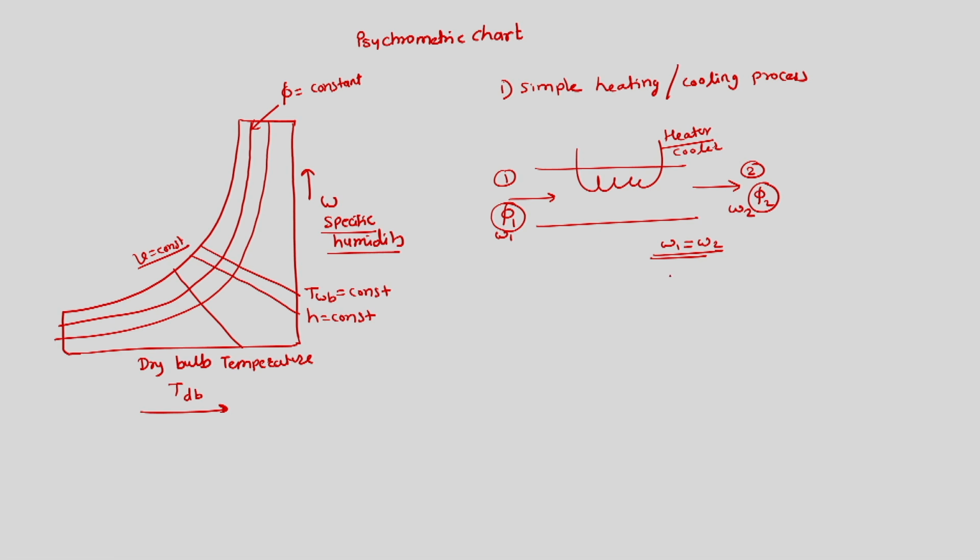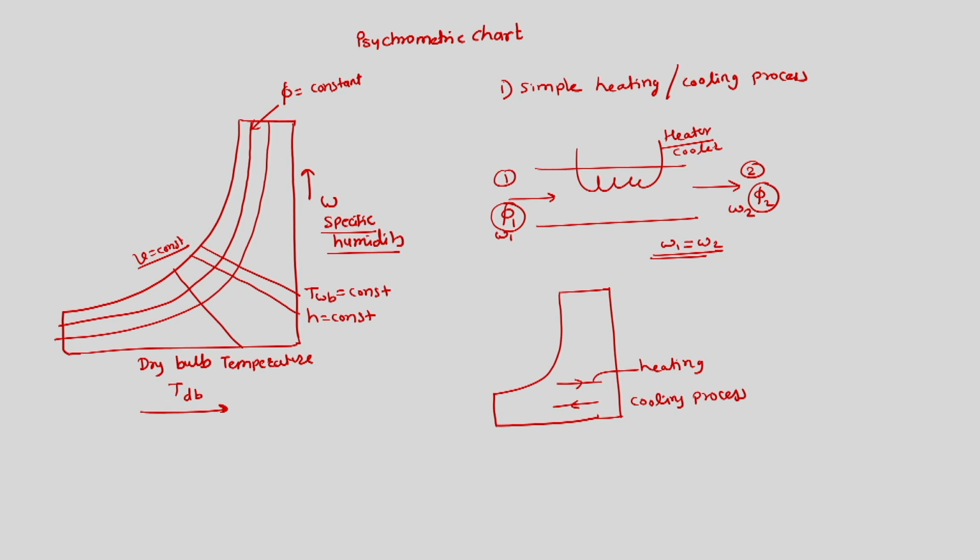So this process of simple heating or cooling can be demonstrated like this on the chart. Suppose this is the heating process and this is the cooling process. For a given dry bulb temperature, we have to draw a horizontal line at constant omega, and then accordingly we can get the final state on that horizontal line for the simple heating or cooling process.